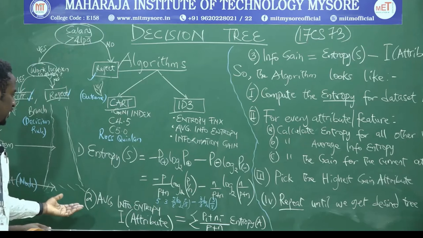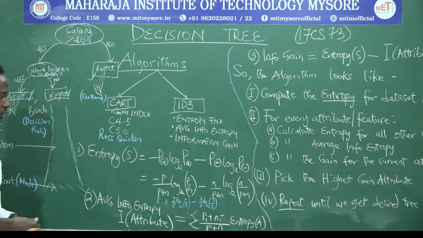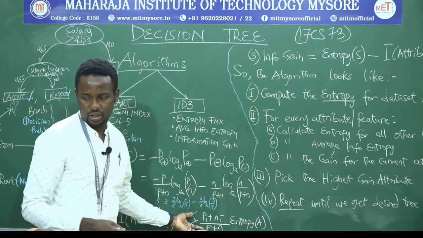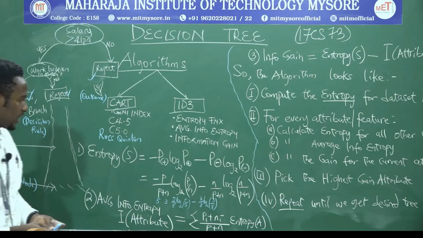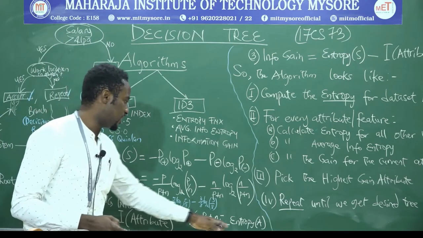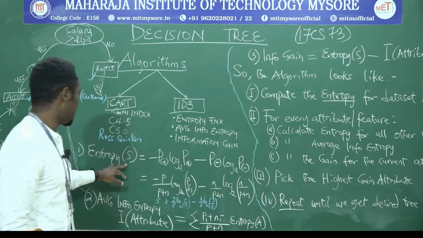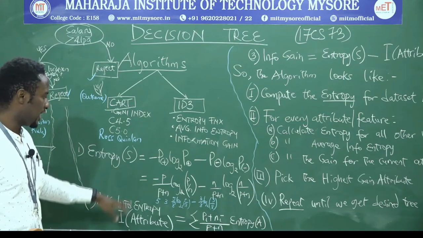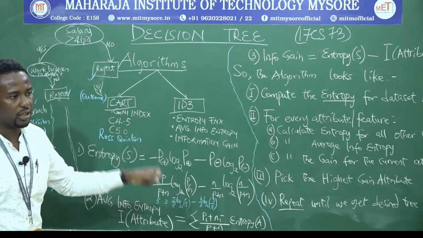After that is done, we compute the average information entropy. It might look confusing, but don't worry, we will take an example and you will understand it better. Here, this entropy is entropy of S, whereas the other is entropy of A. Entropy of S refers to the entropy of the entire data set, and that of A refers to that particular attribute we are talking about.